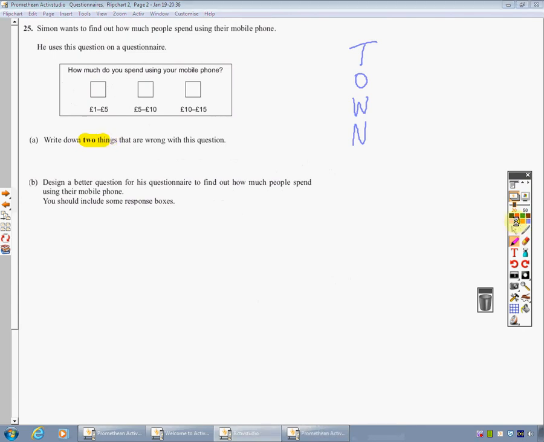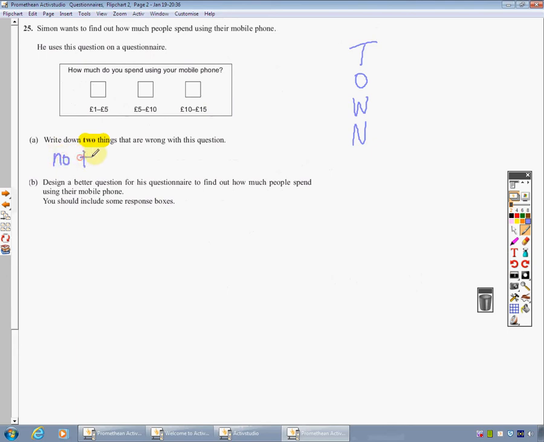Well, I just go straight to the TOWN. T is for time limited. How much do I spend using my mobile phone, or how much do you spend using your mobile phone in a month, in a week, in a year, in a day, since I first bought it? It's really not clear. So I just write down no time limit. That's 1 mark guaranteed.